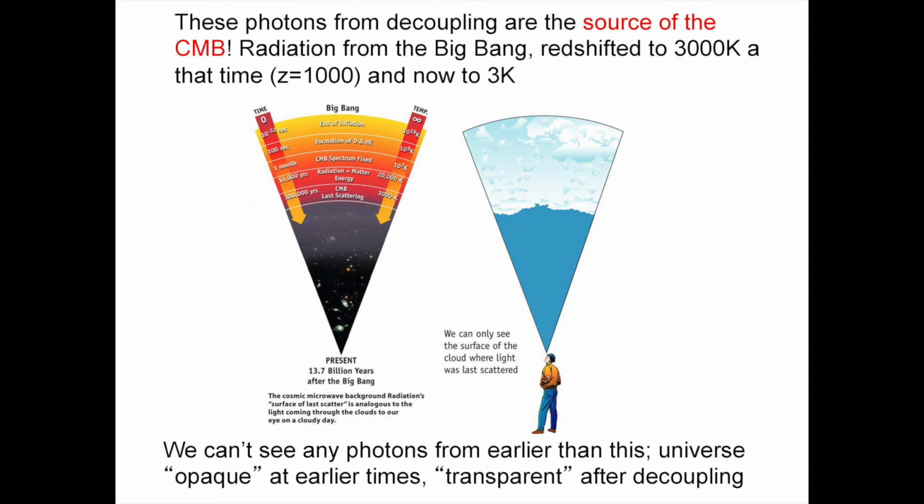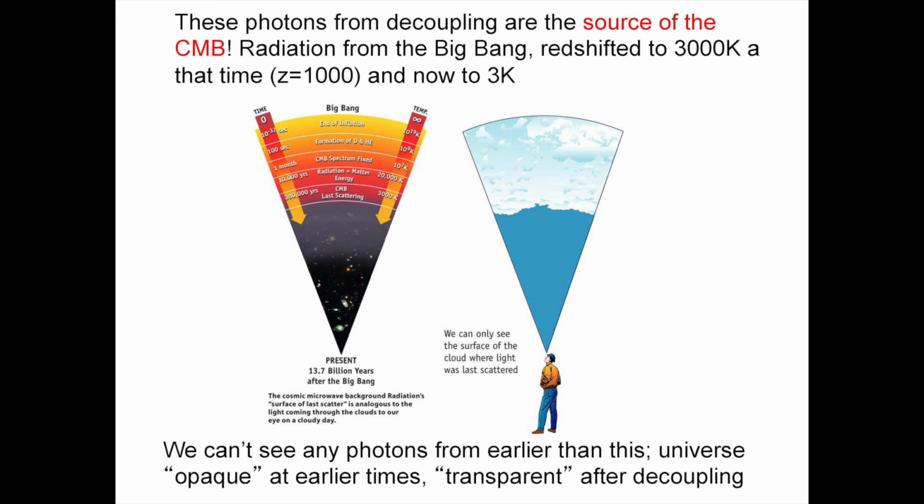On the left, we're at the present, at the bottom of the inverted triangle. And so we're looking out and we see galaxies, and we look further and further away to the point where it says 3,000 degrees, right at the lower red part. It says CMB last scattering. And in fact, we cannot see past that. We don't get any information earlier than that because the photons were trapped by the matter.